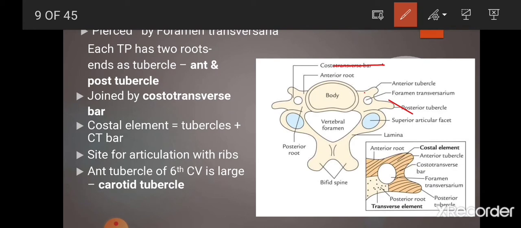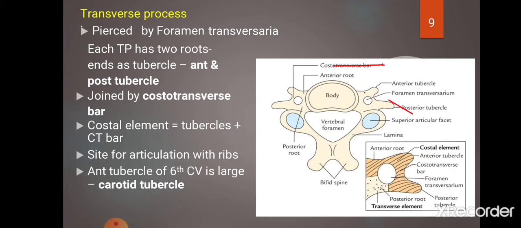The anterior tubercle of the 6th cervical vertebra is large and it is known as the carotid tubercle, because at this point the pulsations of the common carotid artery can be felt. That is why the anterior tubercle of the 6th cervical vertebra is known as the carotid tubercle.